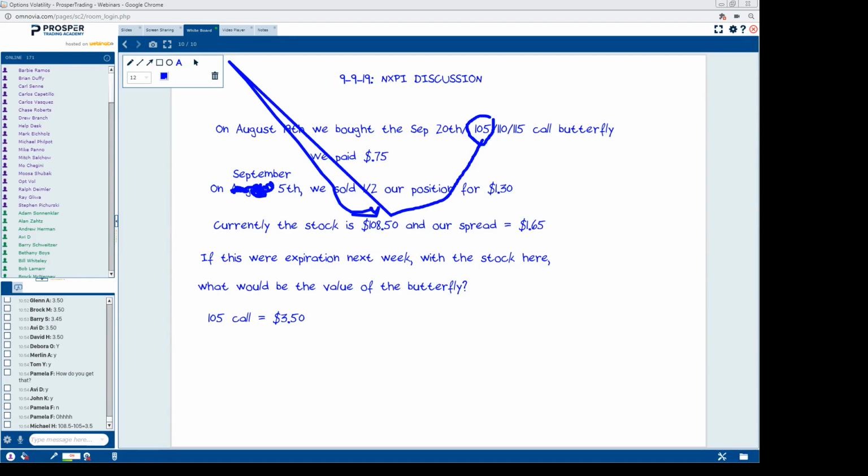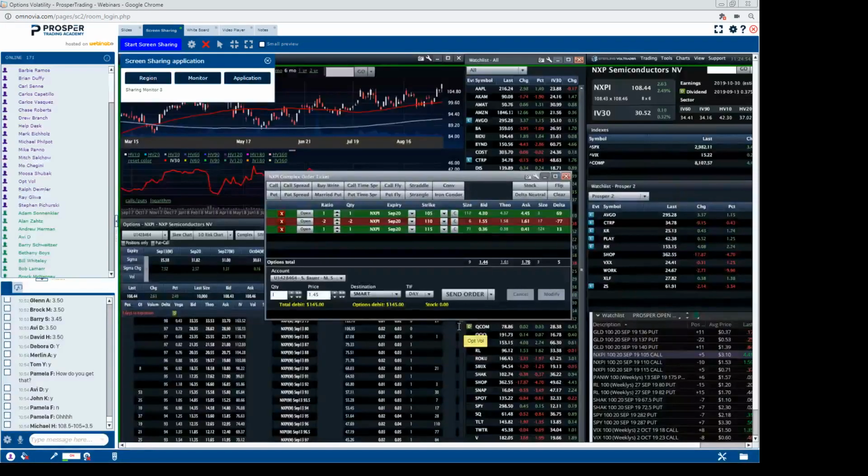The intrinsic value would be 350. The other two calls, the 110 and the 115 calls, would be worthless, because they're both out of the money. So the value of this butterfly, if the stock were right here at expiration, would be 350.